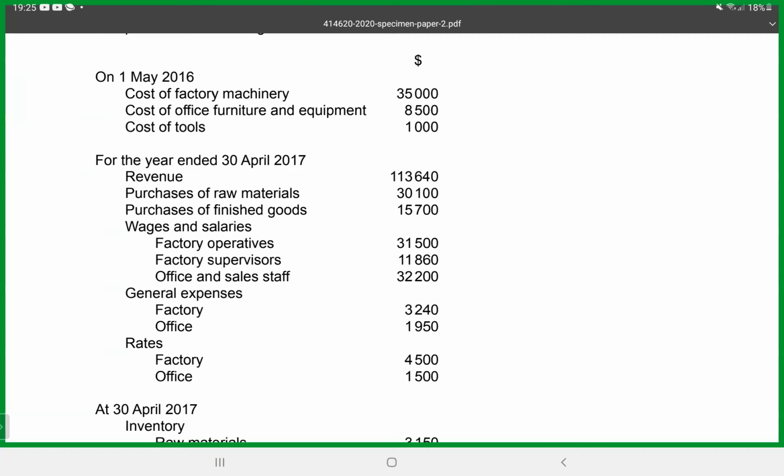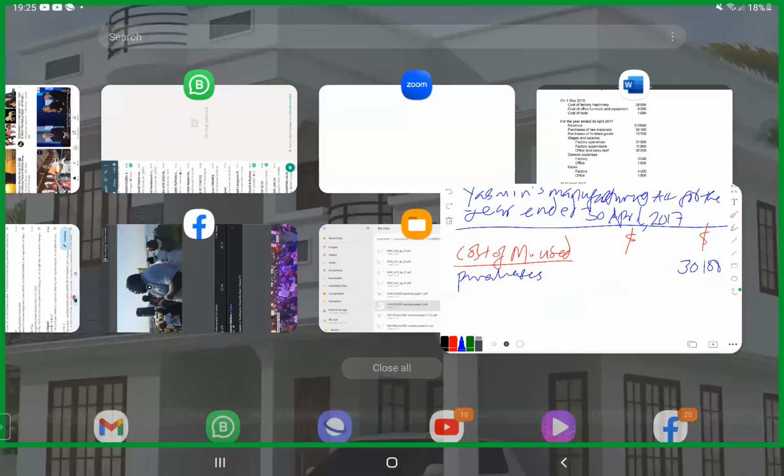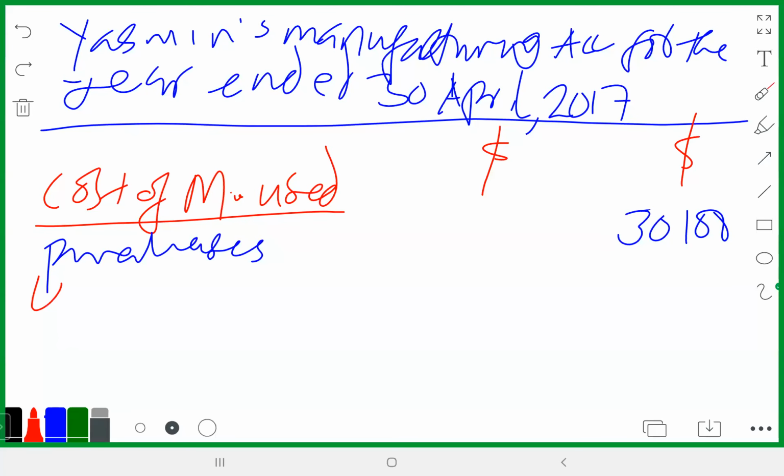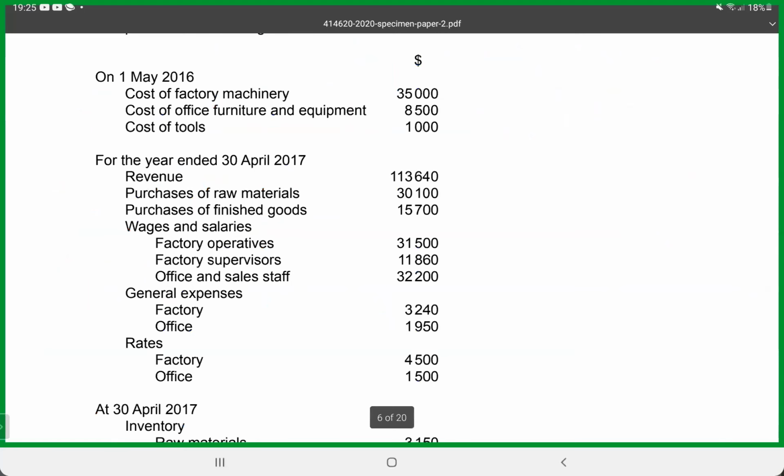That simply means the next thing you will do is to less the closing inventory of raw materials. So you less what? You less the closing inventory. The closing inventory of what? Of raw materials. It shall not be labeled as the closing inventory.